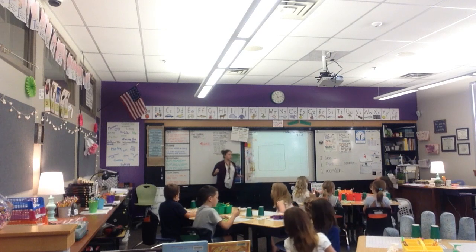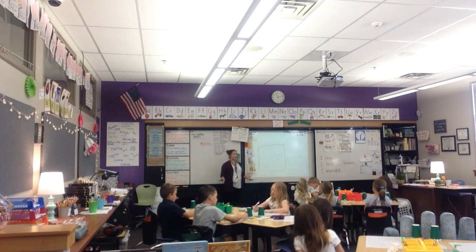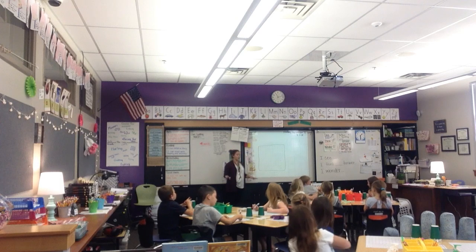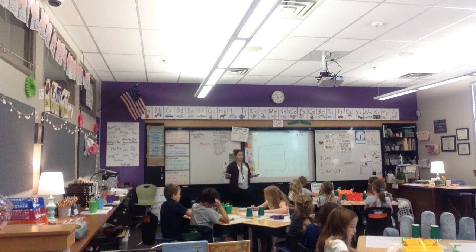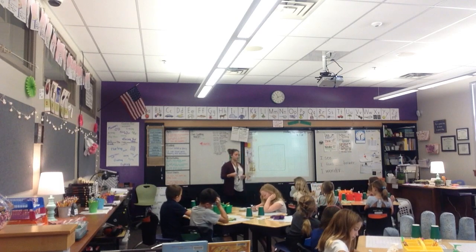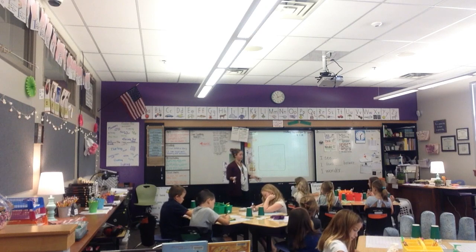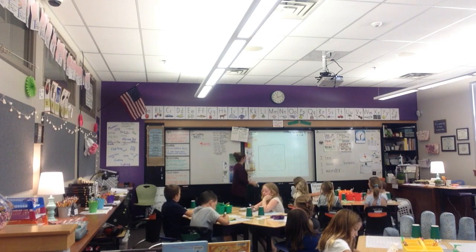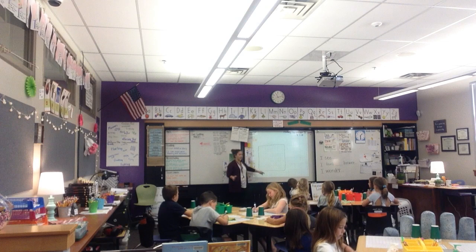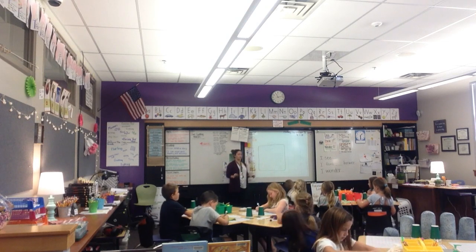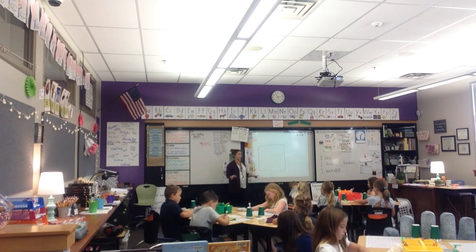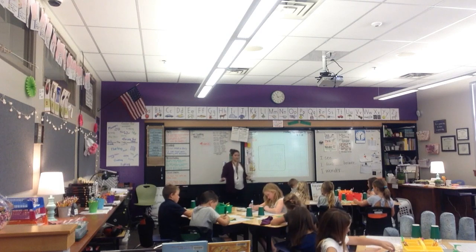A square. So every time I see a square, when I ask you to draw me a number, I'm going to know it's 100. That's what makes it so quick. So you don't have to draw 10 tens anymore. Doesn't that make it so much easier?